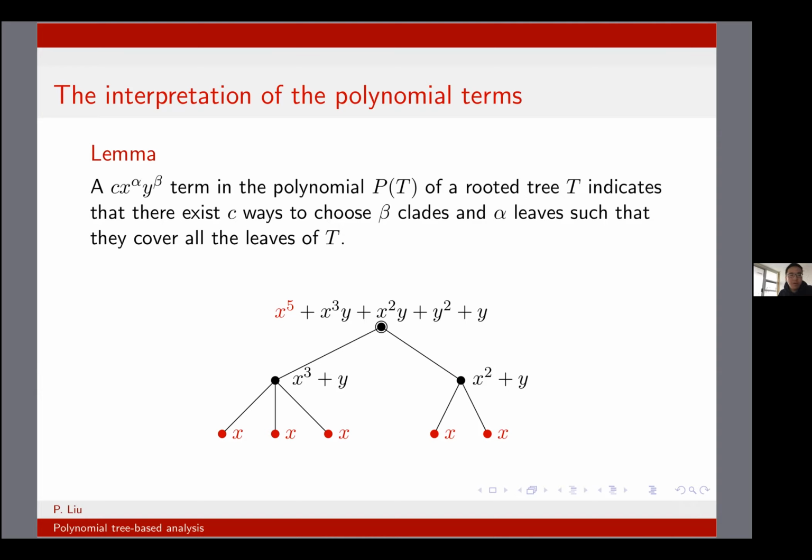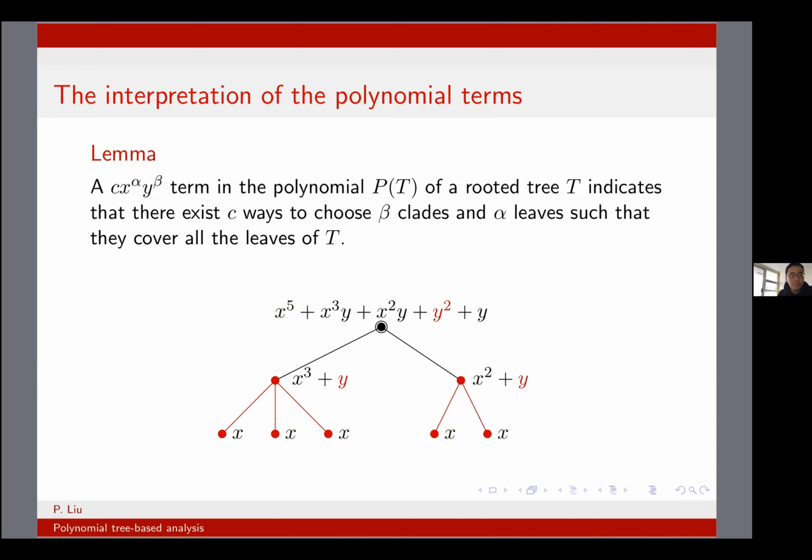So for example, here if we factor this polynomial, we'll have an x to the fifth. That's the leading term there that represents we're picking all the leaves. We have 5 leaves in this tree, and in this case, we're talking about the y squared term, and the y squared term corresponds to picking 2 clades that cover all the leaves of the tree.